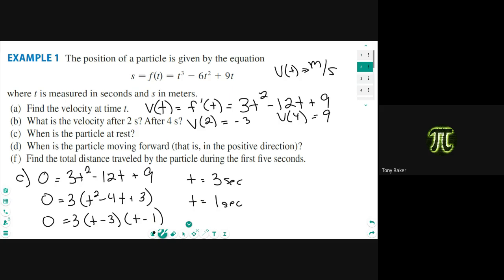So when's the particle moving forward? How would we figure this out?